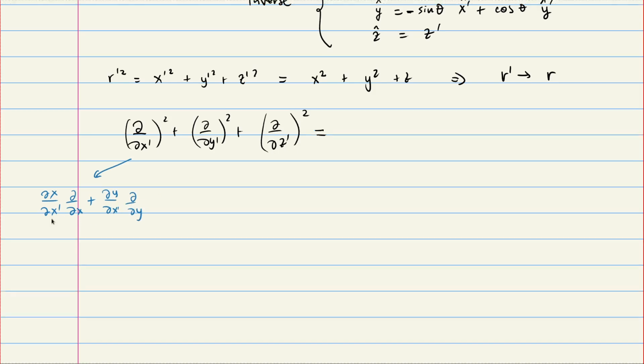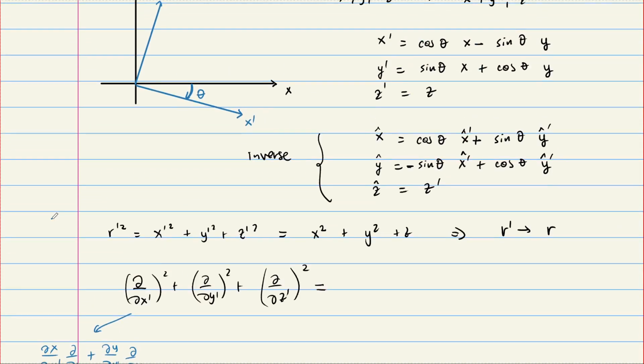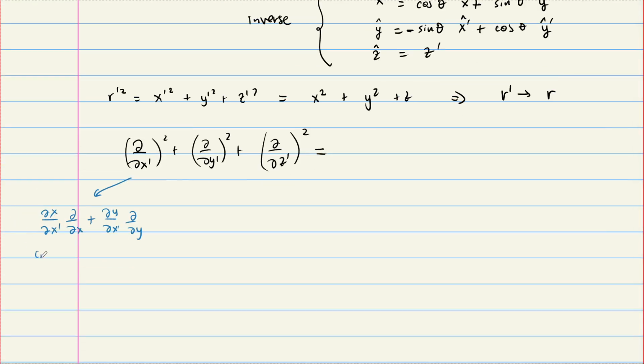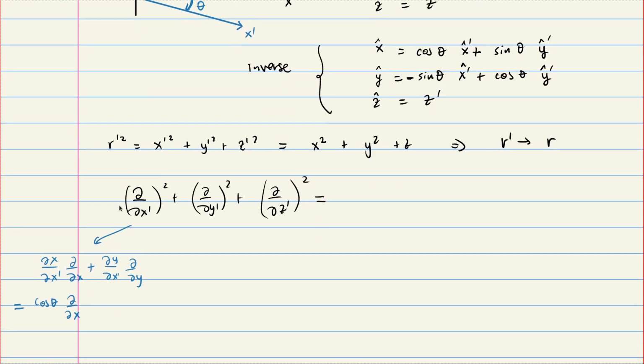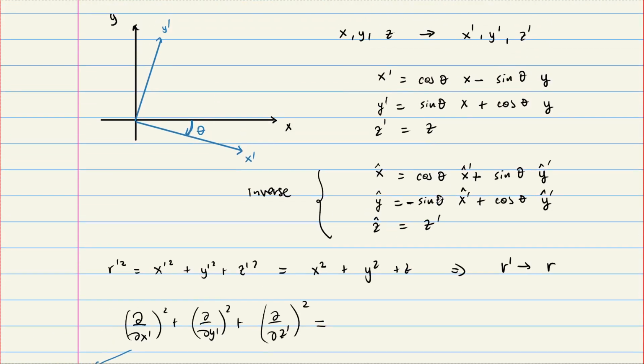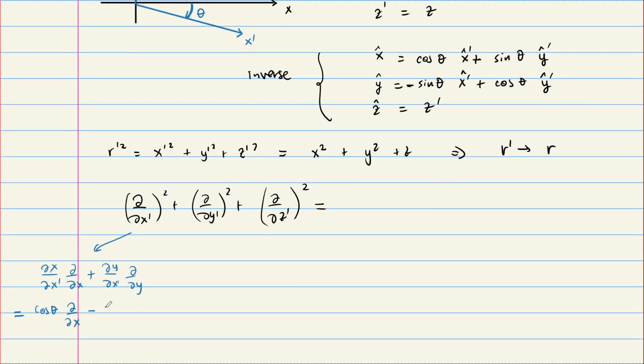So del x prime del x is cosine theta. So this is cosine theta del x. And for the second one, the y derivative with respect to prime: del y del x prime, del y del x minus sine theta del y. And similarly, let me just write the result. So this is sine theta del x plus cosine theta del y.